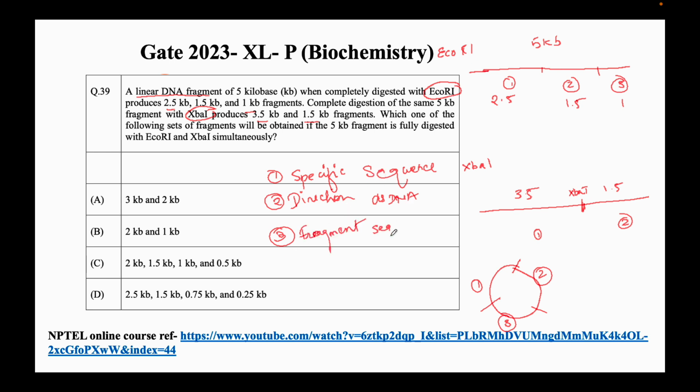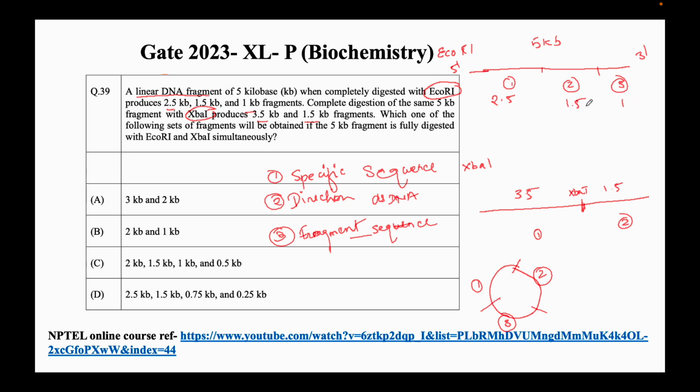Also they haven't mentioned the fragment sequence, right? What I mean by that is, the specific sequence of the linear DNA and direction is not mentioned. That is, the 5', 3' direction is not mentioned, and they also haven't mentioned the fragment sequence. That is, if from the 5' end we have 2.5, 1.5 or 1 kb fragment, this fragment sequence they haven't mentioned.